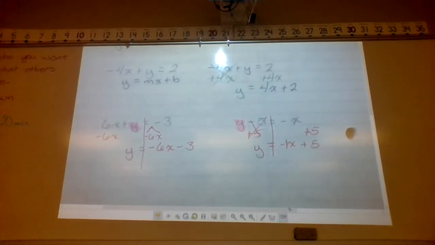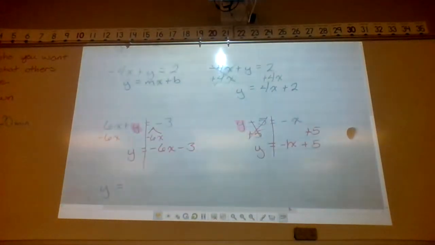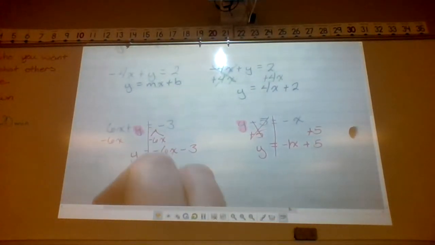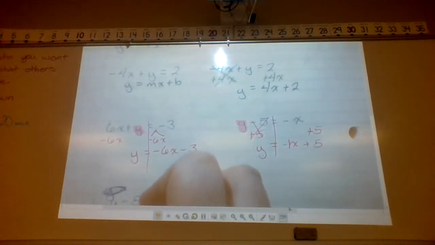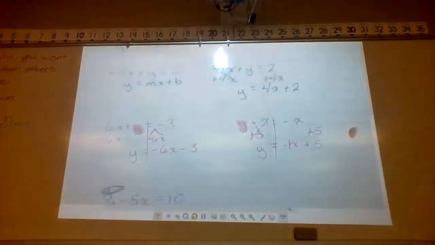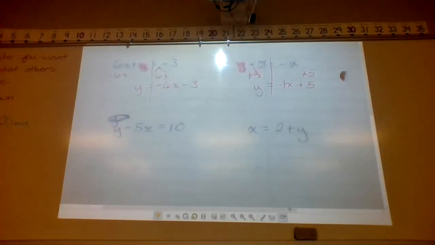And if they didn't have the 1, it would still just be negative 1. Let's try another one. Try those two.